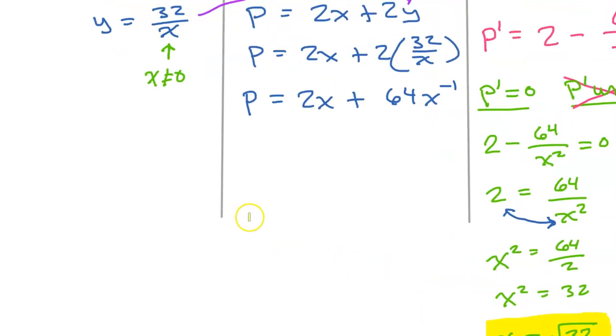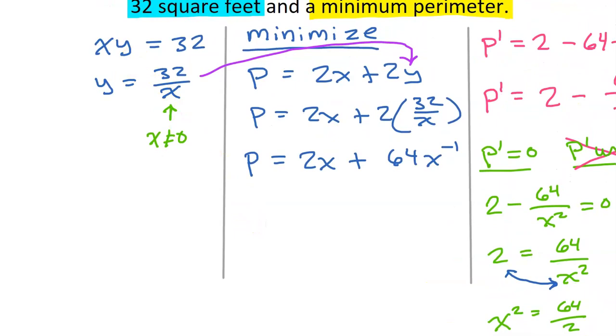What about y? Let's go ahead and substitute x equals the square root of 32 in right here. So that will give us y equals 32 over radical 32.